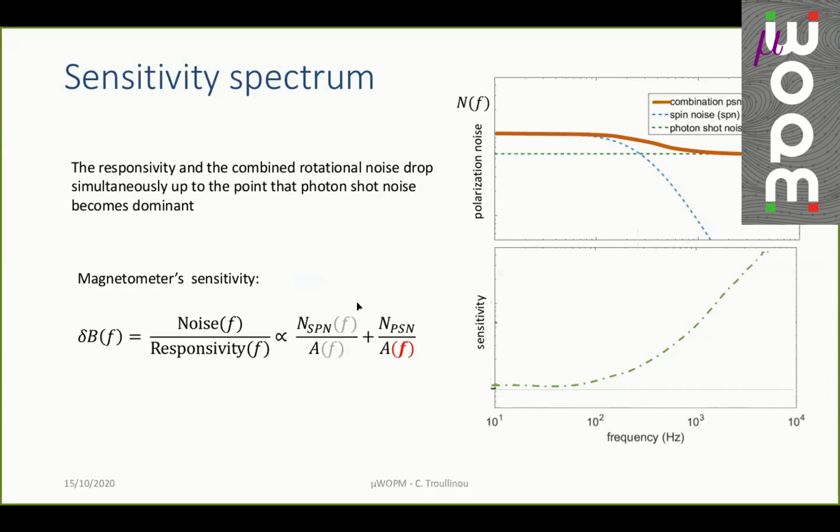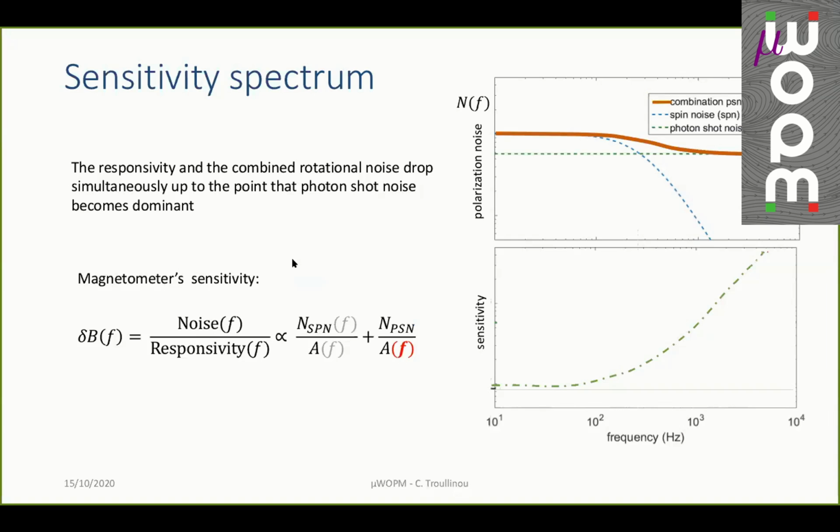So if somebody would like to calibrate for the sensitivity, what we will actually need to take into account is that the sensitivity is inversely proportional to the signal-to-noise ratio. So the noise goes on the numerator, while the responsivity would have to go on the denominator.